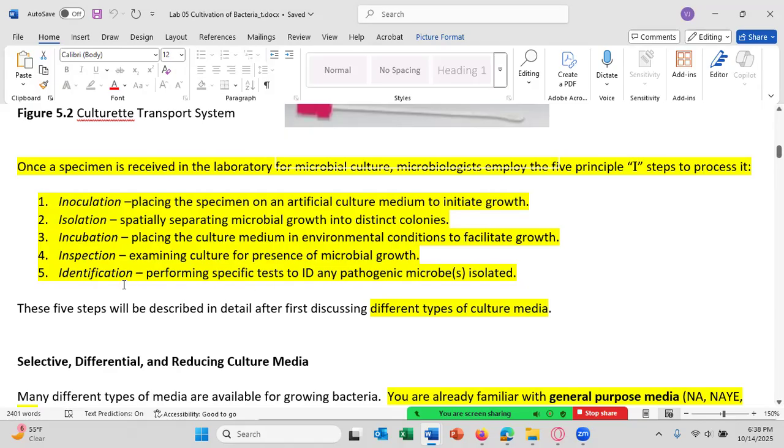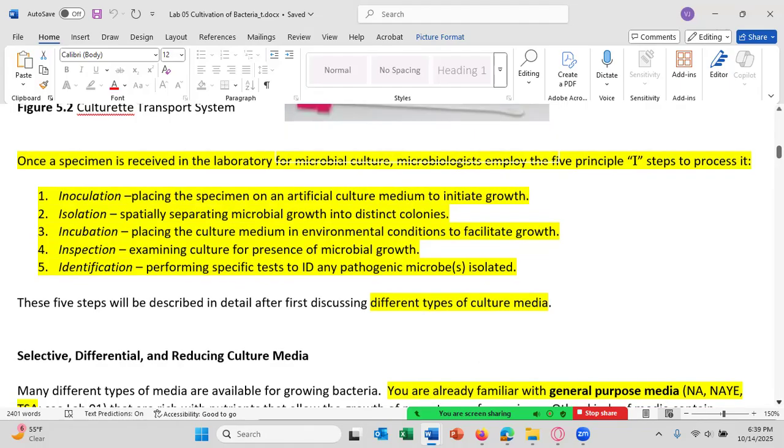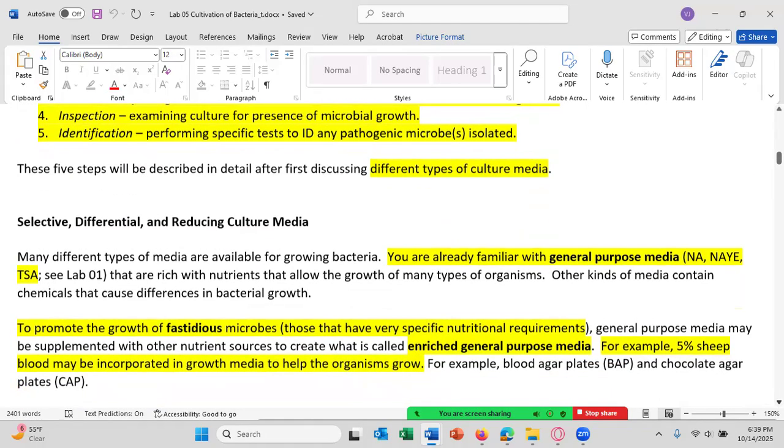And that's the 5th step, identification. Almost all labs use biochemical tests to identify the species, but there are some labs that will identify the species just by sequencing the DNA. All right, we'll describe the 5 steps in detail after discussing the different types of culture media.